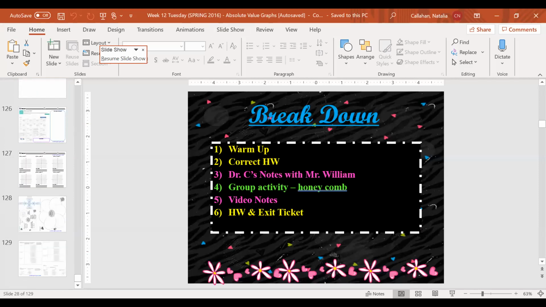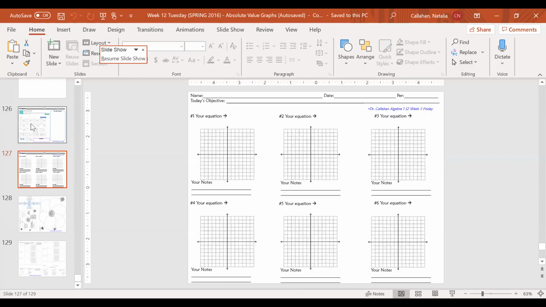All right, so let's go ahead and take a look at your guided notes for today. Your guided notes look something like this, which is going to follow along with the notes for today. So I'm just going to go ahead and copy and paste this as an attachment to the algebra lesson. And there are 2 pages here.